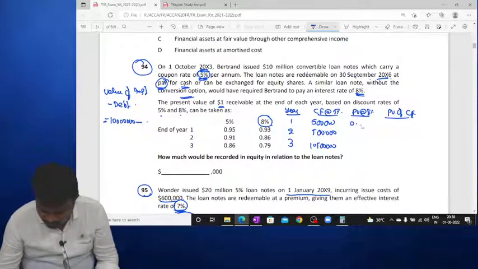Present value factors are 0.93, 0.86, 0.79.